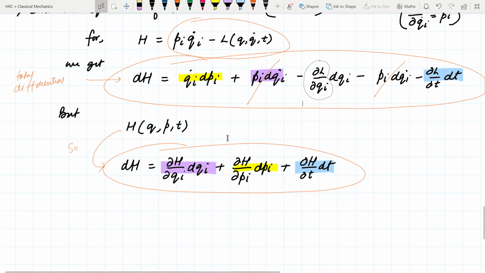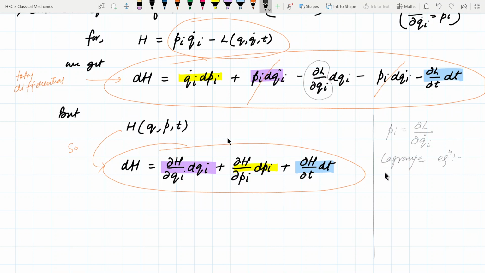No, sir. नहीं प्रूफ किया, तो इसको साइड में प्रूफ कर देते. मैंने ये प्रूफ किया है that p_i is equal to del L upon del q_i dot, है ना? तो if you look at the Lagrange equation, that is nothing but d by dt of del L upon del q_i dot minus del L upon del q_i is equal to zero, है ना? So del L by del q_i dot is nothing but p_i, so d by dt of p_i is equal to del L upon del q_i, है ना?